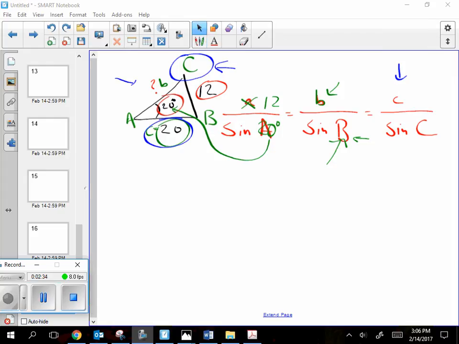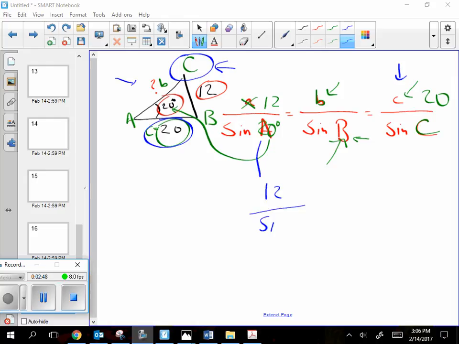Okay, so on this one, I'm thinking we'll put in c as 20, and sine C, well, I guess we have to leave a variable in our equation. I'm going to rewrite what we have. 12 over sine 20 is equal to 20 over sine C. All right, now I'm going to cross multiply and get 12 times sine C is equal to 20 times sine 20.